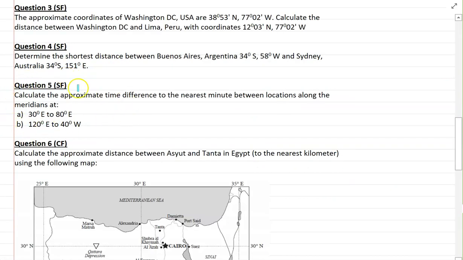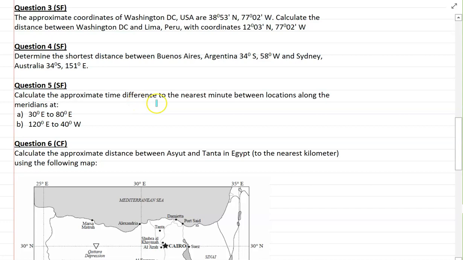All right, question 5 is another simple familiar. We're looking at time differences now. So calculate the approximate time difference to the nearest minute between these locations along the meridians. We're looking between 30 degrees east to 80 degrees east, then 120 degrees east to 40 degrees west.